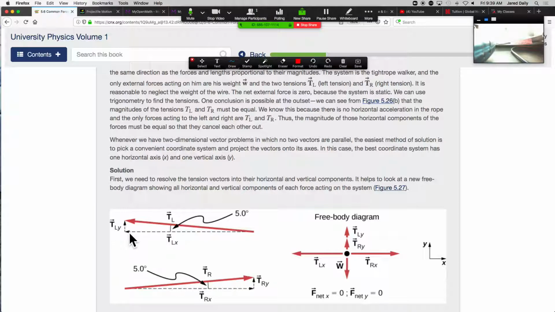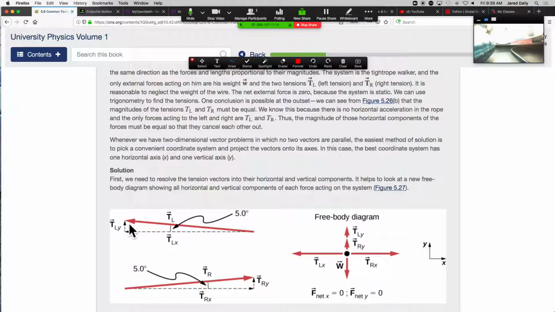So if they're asking you for how much tension is in the rope, then you need to calculate this, which is the tension times the cosine of the angle, and then you need to add it to this one to get that tension.